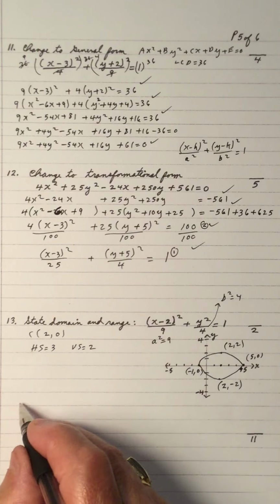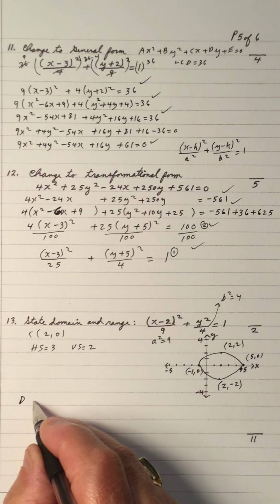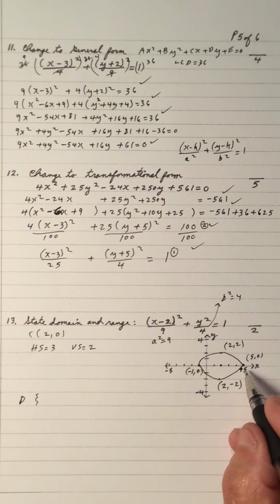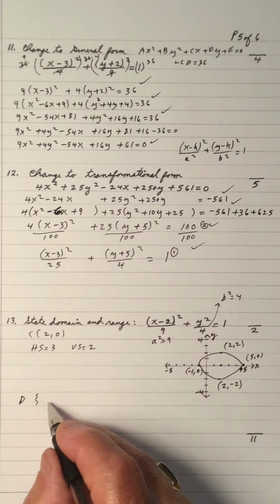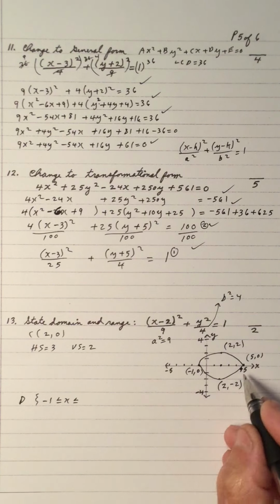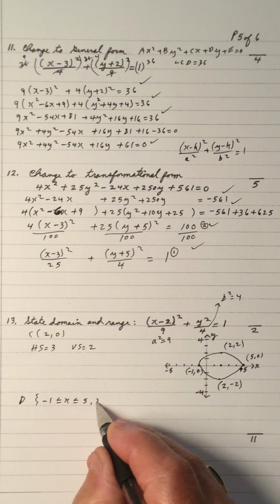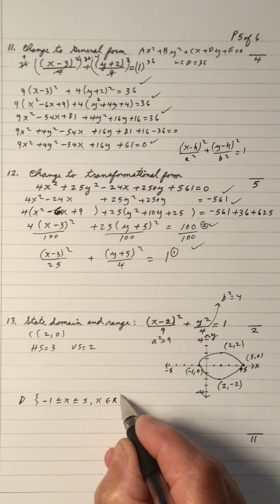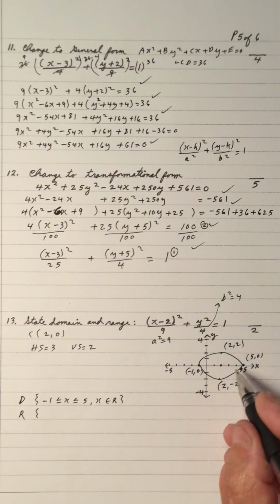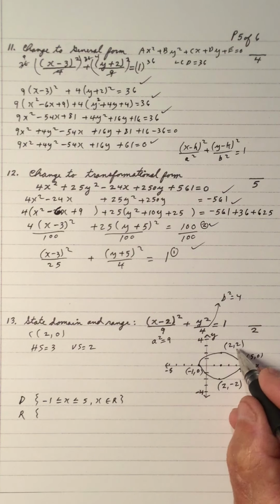So your domain is the x's. The x's go from -1 less than or equal to x less than or equal to 5, where x belongs to the reals. And your range is the y values, and the y values go from -2 to 2.